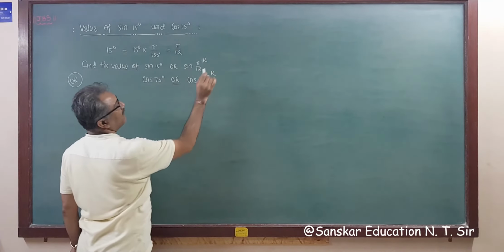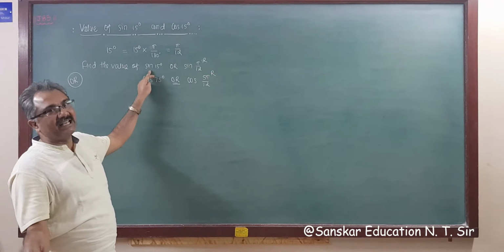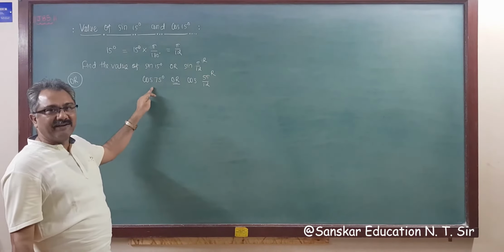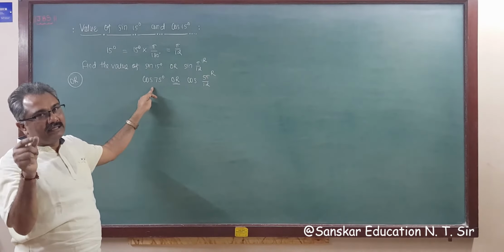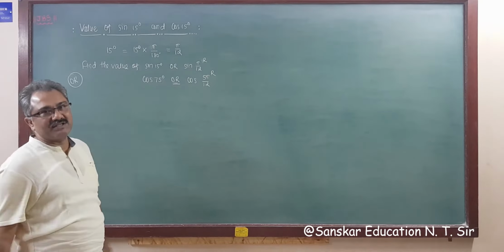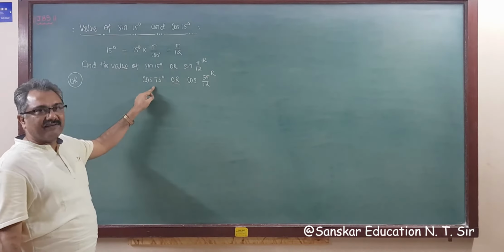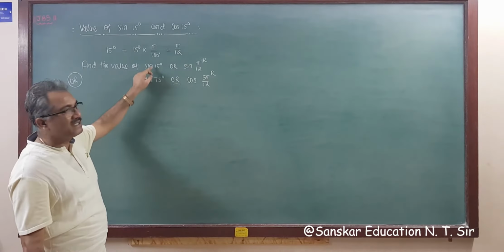The value of sine 15 is the same as cos 75, just as sine 30 is half and cos 60 is also half, because the sum of the two angles is 90 degree.